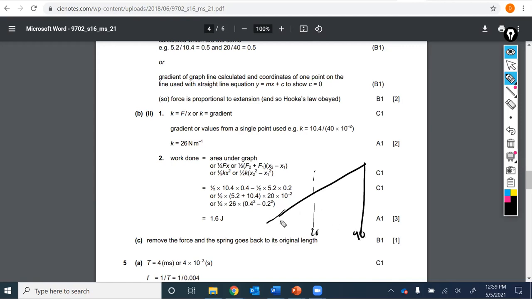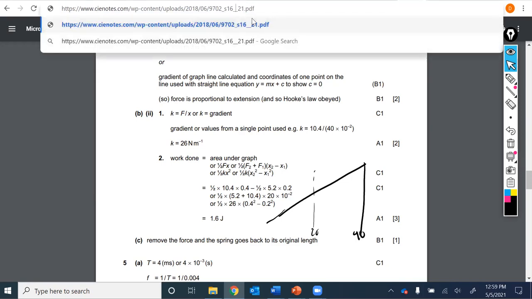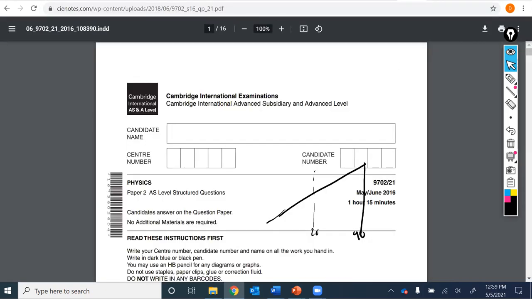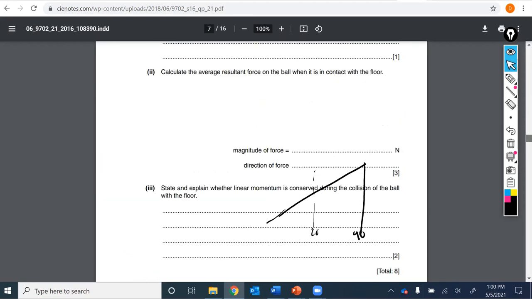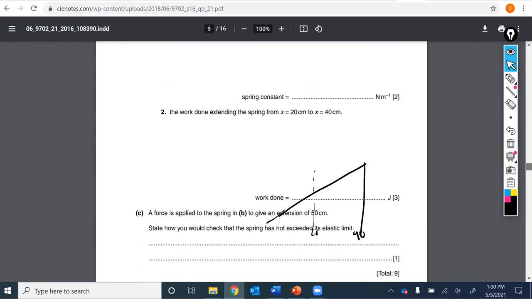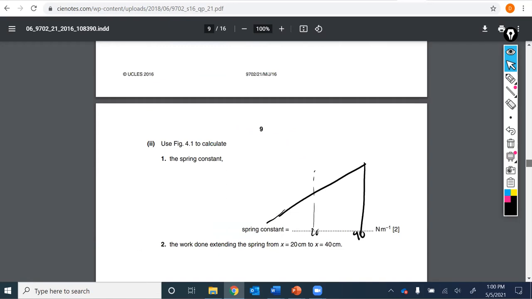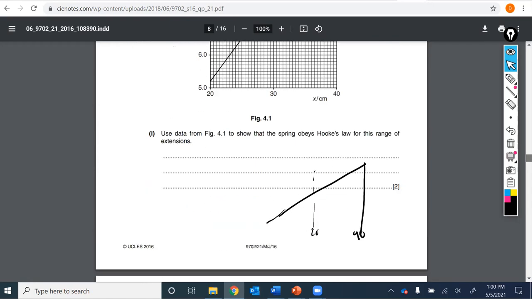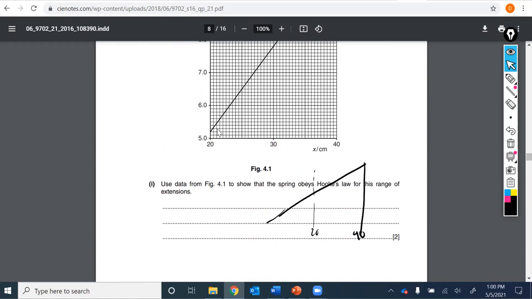But I think what we needed to do was consider, well, no, let's read the question again. So 1.6 is the answer they get. That's 3 marks right there. The work done extending the spring from 20 to 40 centimeters. So the work done extending it from 20 to 40.